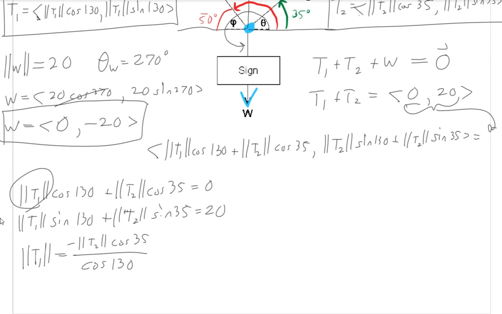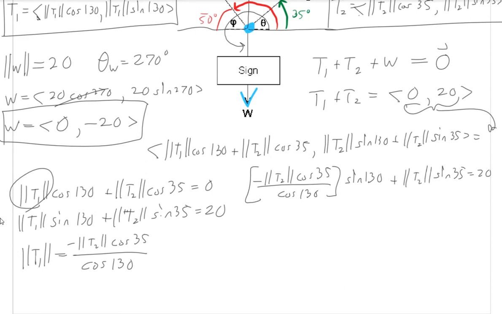Then, if you plug that into T1 for the second equation, you get negative magnitude of T2 cosine of 35 over cosine of 130, times sine of 130 plus magnitude of T2 sine of 35 equals 20. I just plugged this stuff into T1.